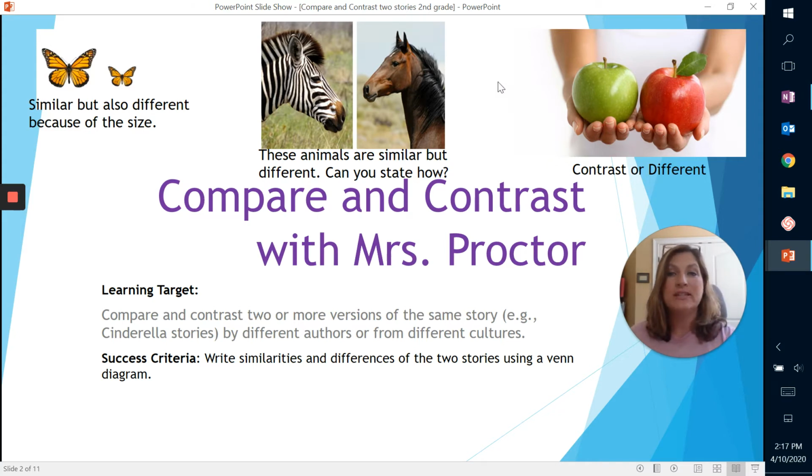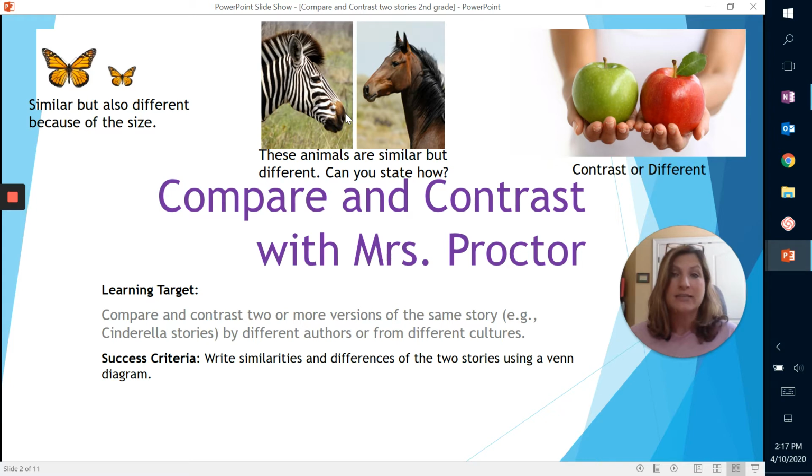Now, I want you to look at the center of the photograph of the animals up here. I want you to figure out how they're similar and how they're different. Can you state that in English out loud right now? That's right. One is actually a zebra, and it has stripes, whereas the other one is different.